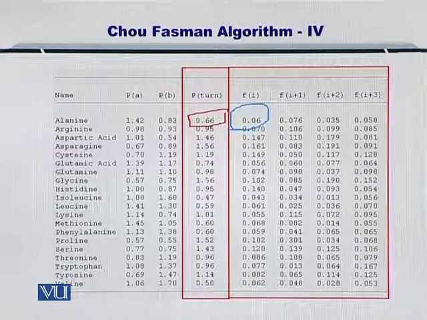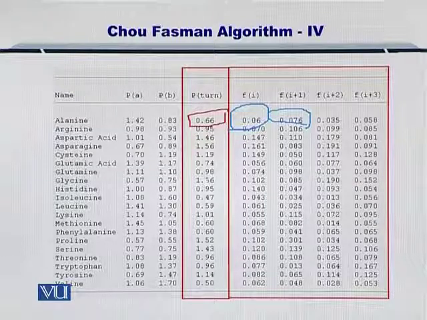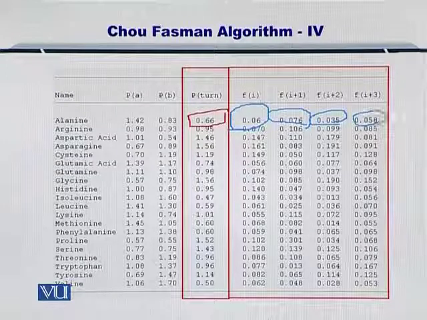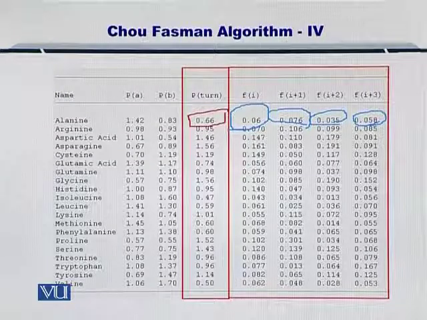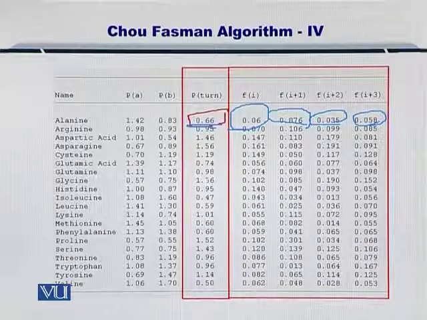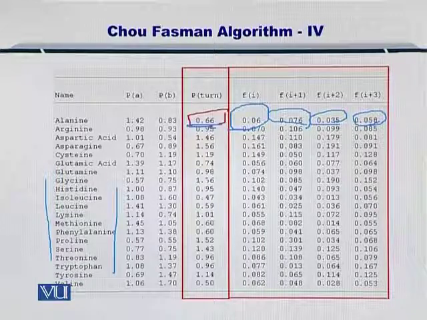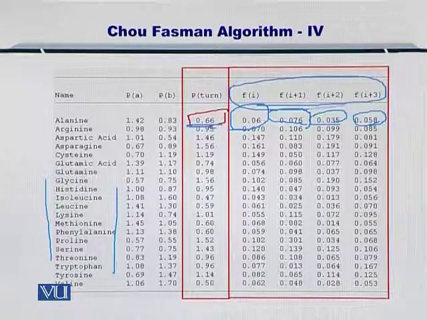The propensity of alanine to be there at the second position in the turn is here, at the third position and at the fourth position. So in this way, we are considering the neighbors as well. If alanine is there at some specific site, then you can also see which amino acid is there at which other site, and you can compute their overall propensities.